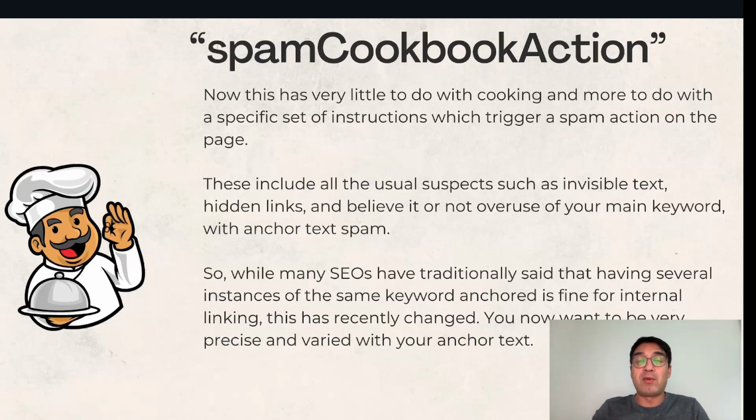So if you're trying to rank for buy cars and you have 600 pages out of a 1,000-page website that has the anchor text buy cars, even though this is an old practice and a lot of SEOs still use it, this is not the best way to go about your anchor text. And if you do this for long enough, it's only a matter of time before Google sees your site as being spammy, and it will then de-rank you.